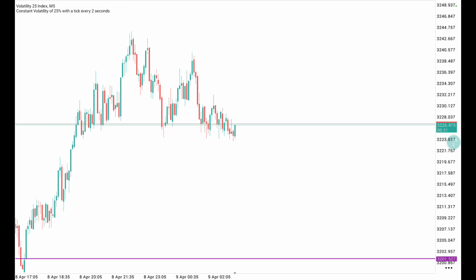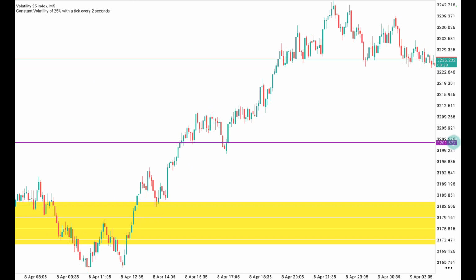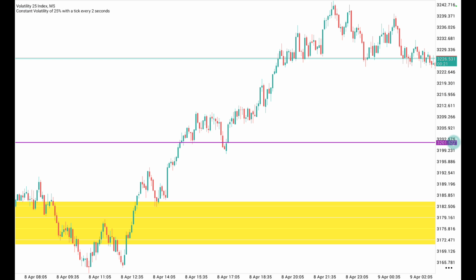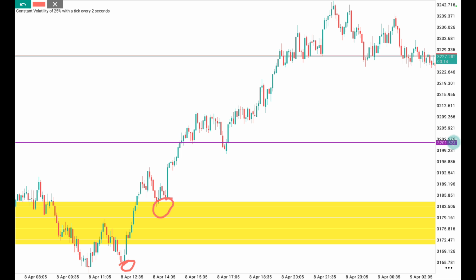Okay, I'm going to show you something. Can you see this uptrend? See this whole uptrend. So where are the external lows, external highs? It's all external lows.